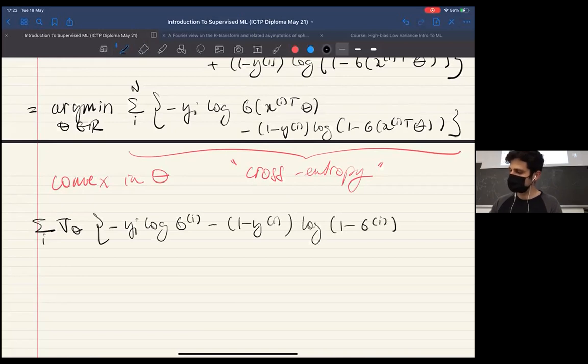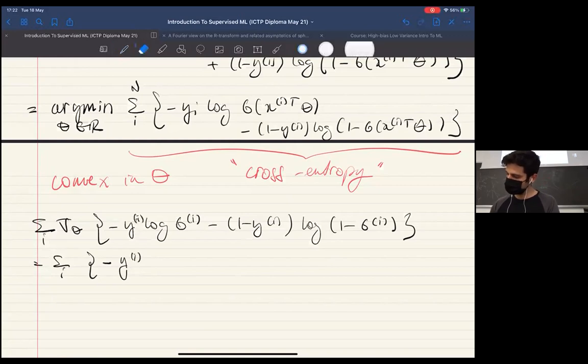It means the logistic applied to xi inner product with theta. And what does it give? It gives the sum over i, and here we have a minus yi. So the gradient of the log is the gradient over the sigma.